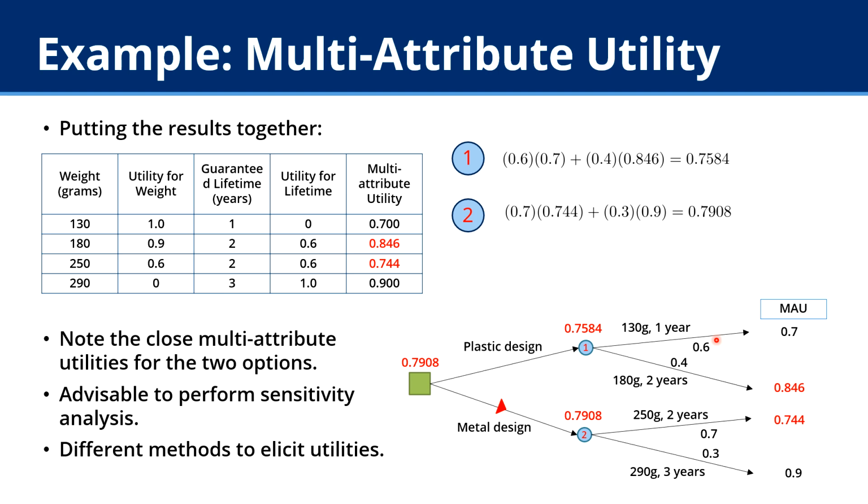And where the expected utility values are very close to one another, you would have to do some kind of sensitivity analysis. Based on the sensitivity analysis, you'll see how robust your decision is. I think that's one of the other really important and valuable parts about a decision tree: it tells you how robust your decision is.